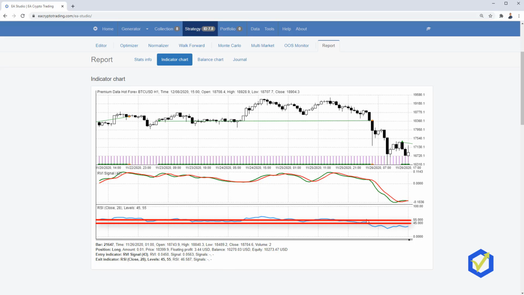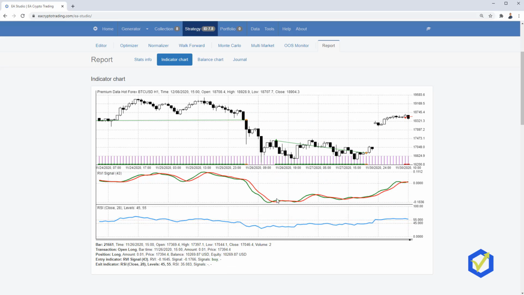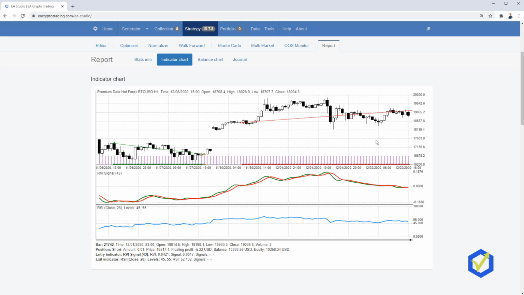Look how close are the 45 and 55 levels in this case, right? And then this is my next entry. Where is my exit? What happened? Am I buying? So for example, if you are selling here and if you start from that moment, do you know if there is no trade already opened at this moment? You don't know that, right? I don't know personally, even though I have a lot of experience.